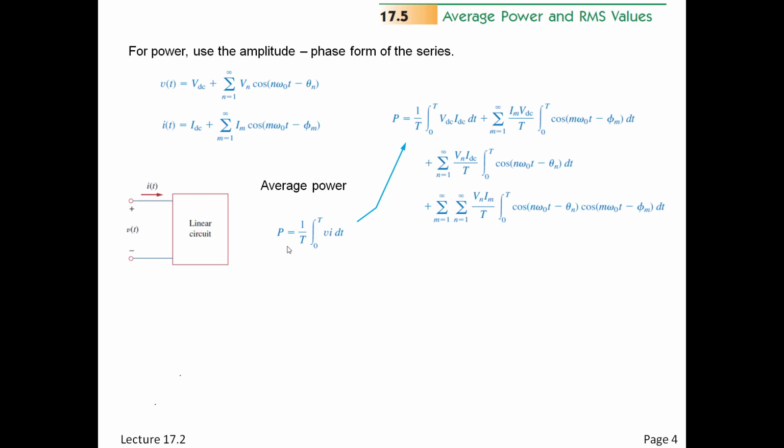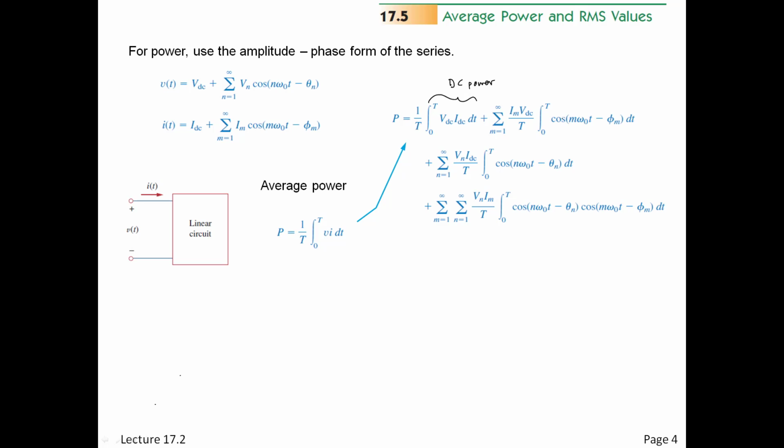Well, if we expand that a bit, given our V and I over here, we have our averaging element, the 1 over T. And in the first case here, we've got our DC, the DC power.